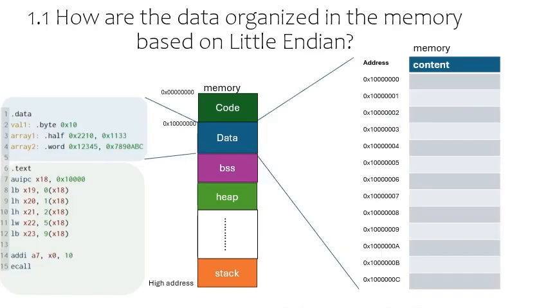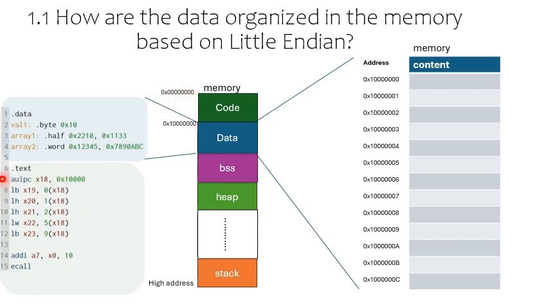Now let's go back to the byte ordering in the memory. In other words, I would like to explain how the data described in the assembly coding is organized or stored in the correct order in the memory, zoomed in here, using the concept of little endian. In some of the RISC-V simulators, we define the code segment to start from address 0.